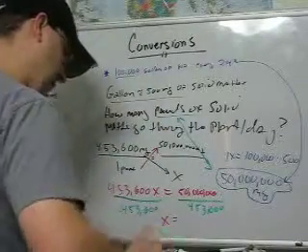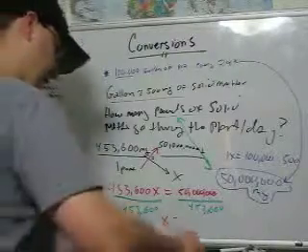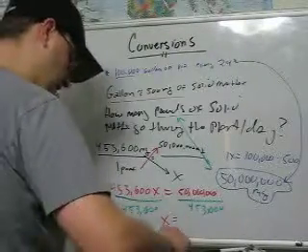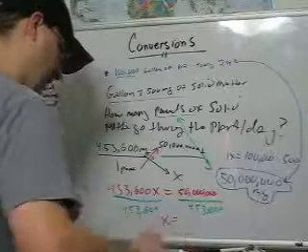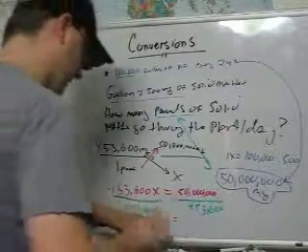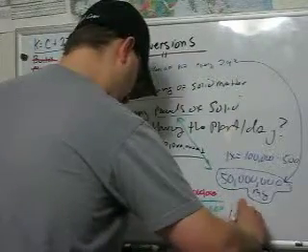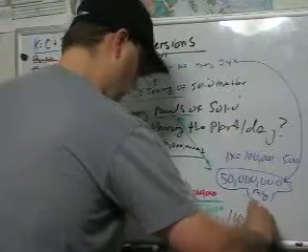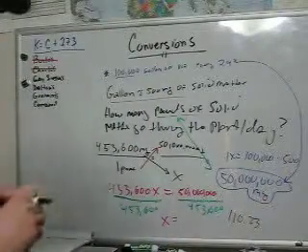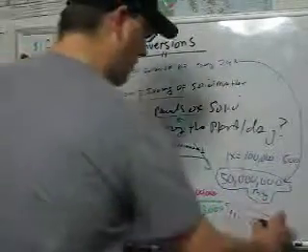50 million divided by 453,600 equals 110.23. I rounded it up. It's 110.2292768, etc. 110.23 what?